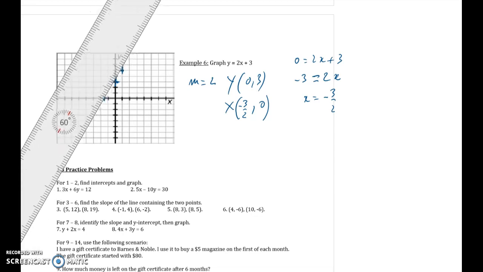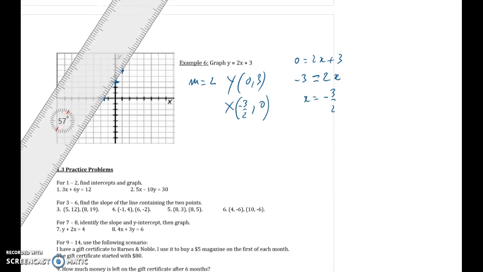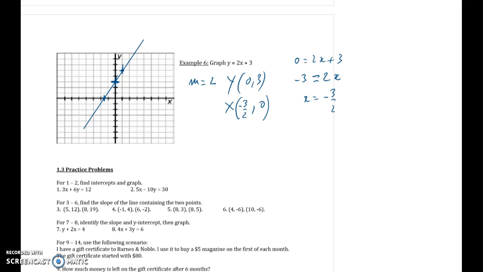And now if I'm using my ruler, all right, I got my line. My y-intercept right here, my x-intercept right there.